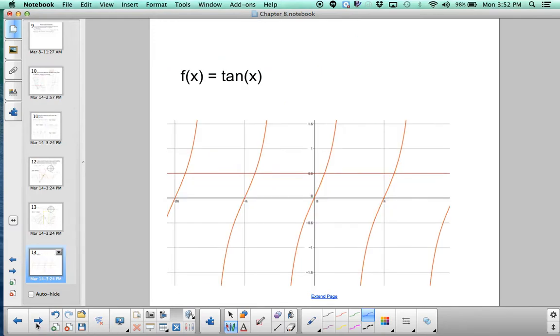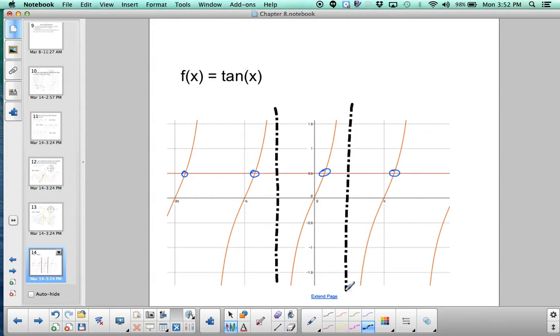Okay, and then the last one, let's take a look at tangent. Tangent, it's easier to just look at the graph. Again, going through, it doesn't pass the horizontal line test. We need restrictions. We know we have asymptotes at -π/2 and at π/2. So we've got asymptotes about right here and about right here.